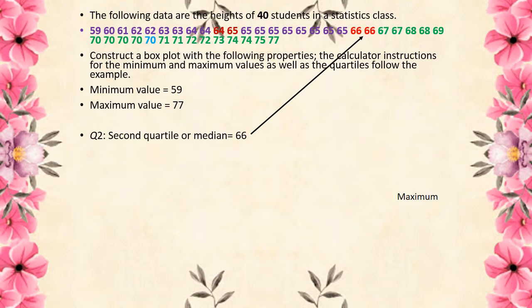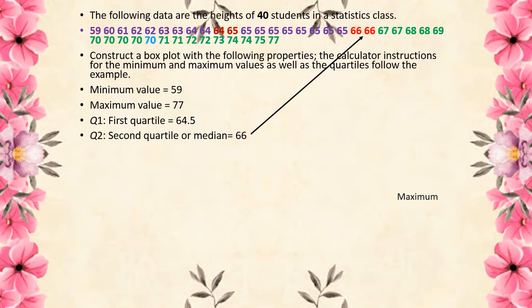And then the second quartile, that is the median value. We have to arrange in ascending order and then split into two halves. If the total number is even, two center values come, so we have to add them and divide by 2. If the total number is odd, just one center number will come, that is the median.